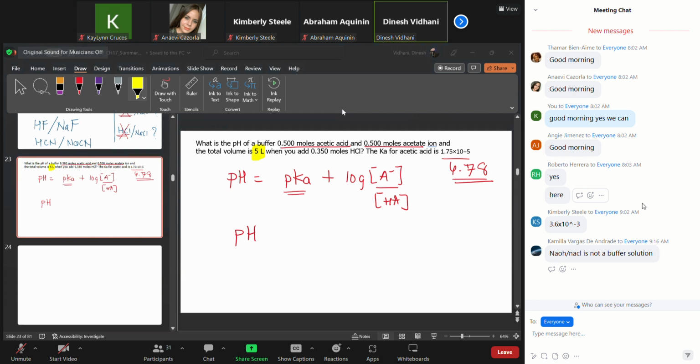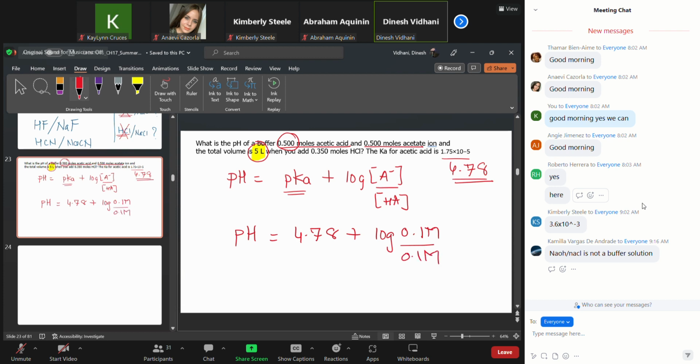Very good, Roberto. Number of moles divided by the total volume is molarity. So 0.5 divided by 5 liters is a 0.1 molar solution. Your pH will be 4.78 plus log of 0.1 molar acetate over 0.1 molar undissociated acid at equilibrium.